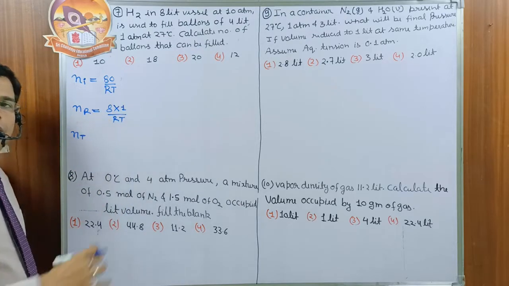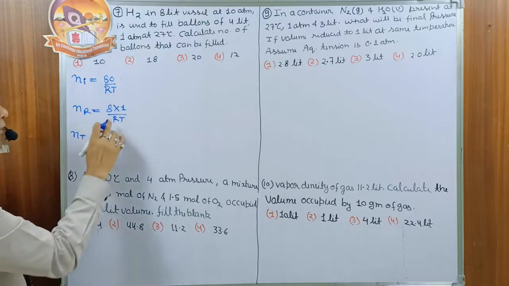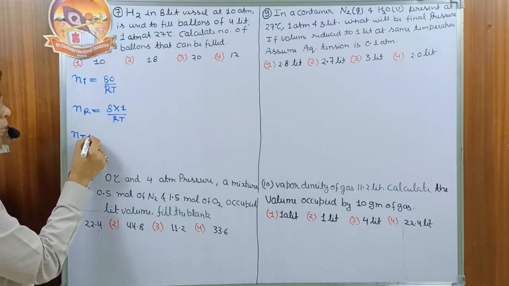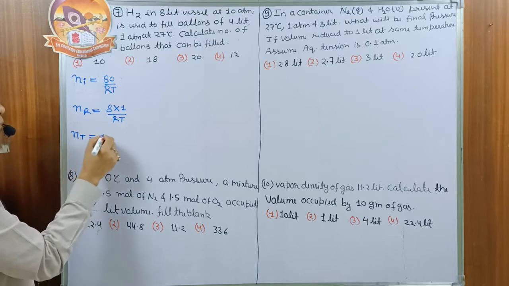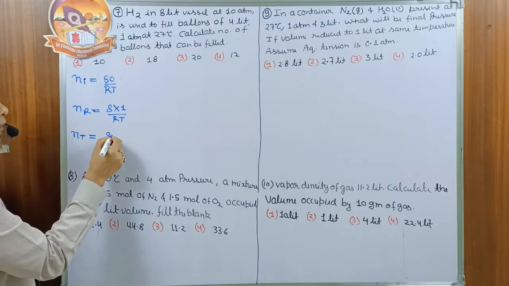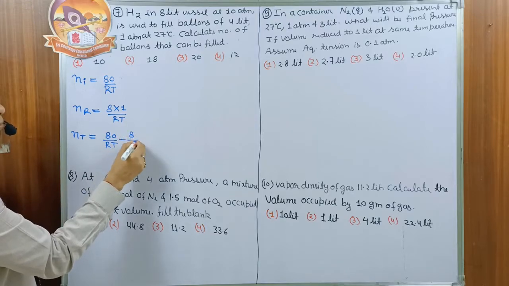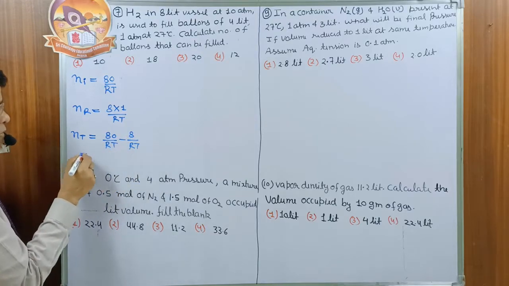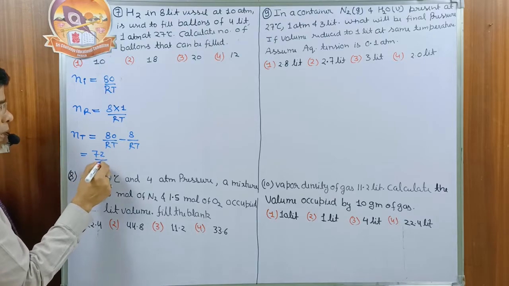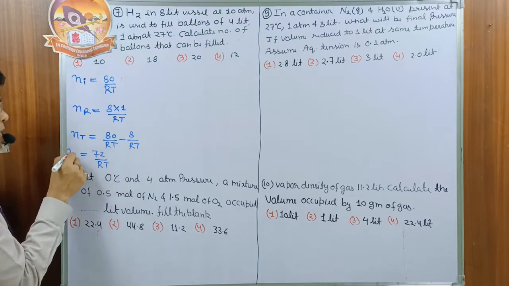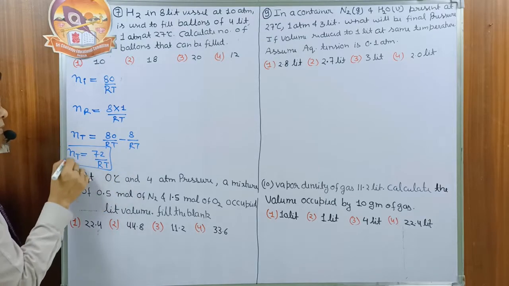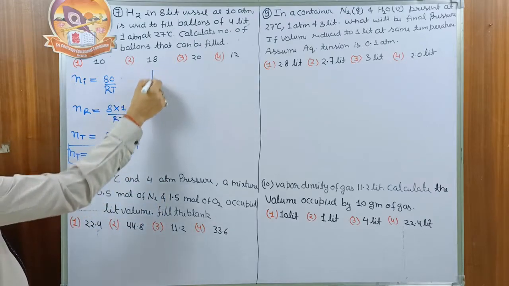Final moles remaining inside the container are 8 by RT. So how many moles can we transfer? Moles transferred is 80 by RT minus 8 by RT, equal to 72 by RT, the number of moles that can be transferred from the big container to the balloons.